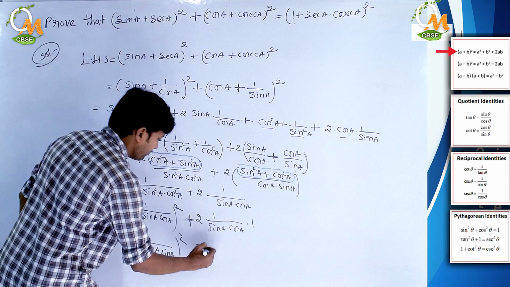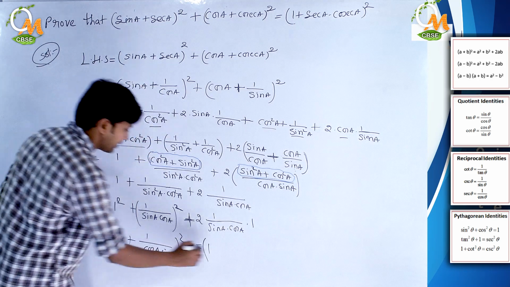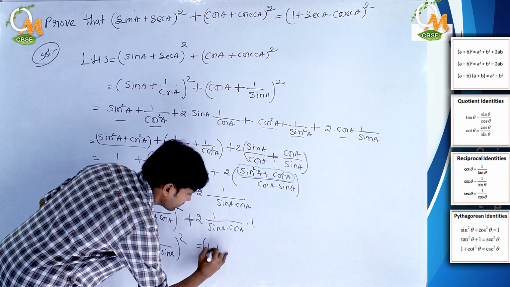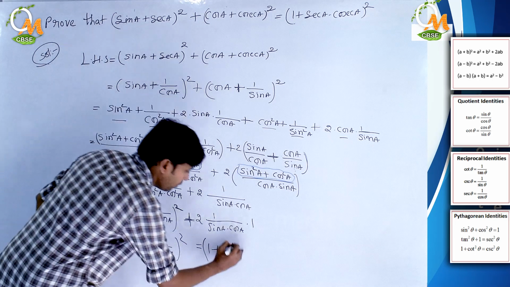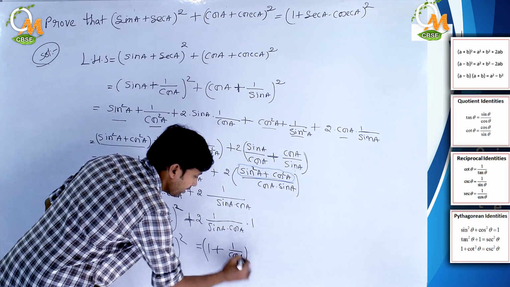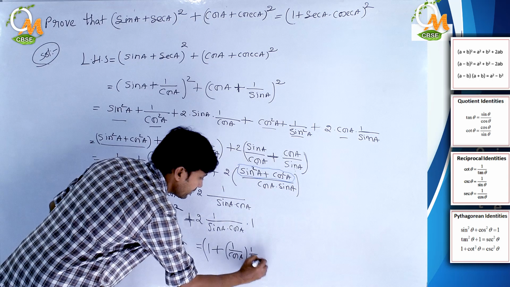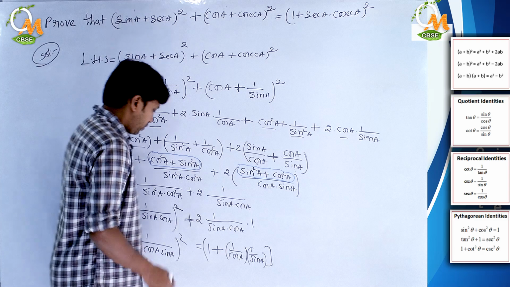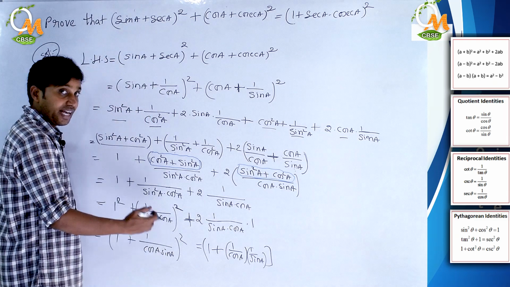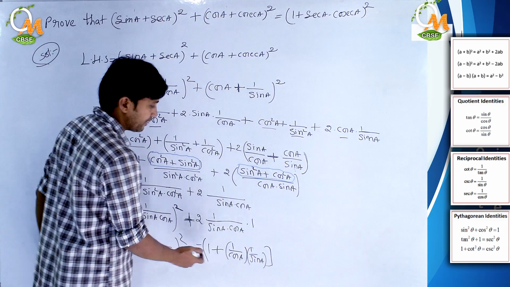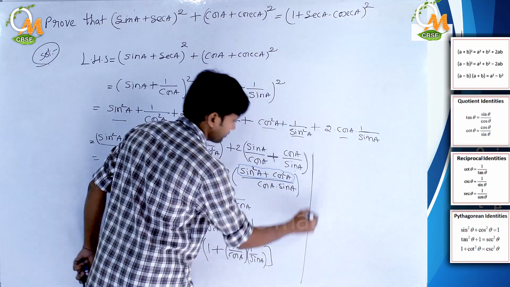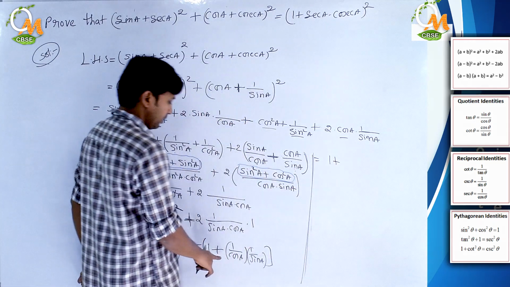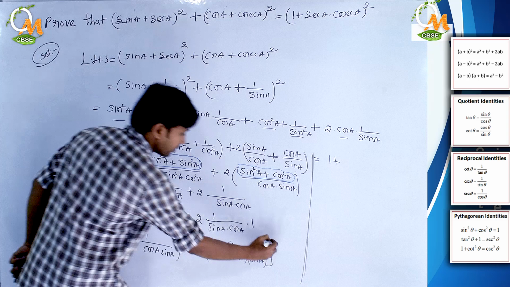Now for my convenience again I want to split this 1 by cos A sin A into 1 by cos A into 1 by sin A. So what I did here, 1 by cos A sin A, I have split it into 1 by cos A into 1 by sin A. Now just see this, 1 plus, okay, sorry, the whole square is also there, I forgot to write.